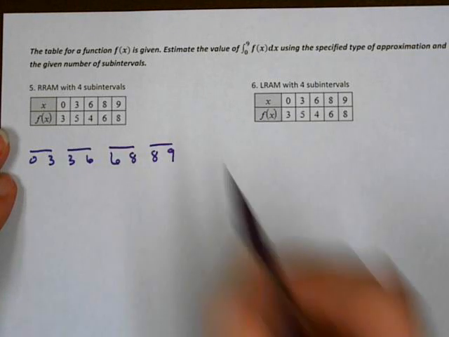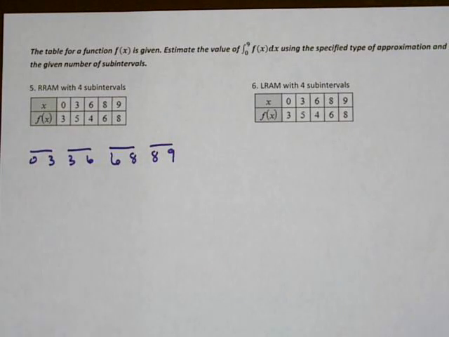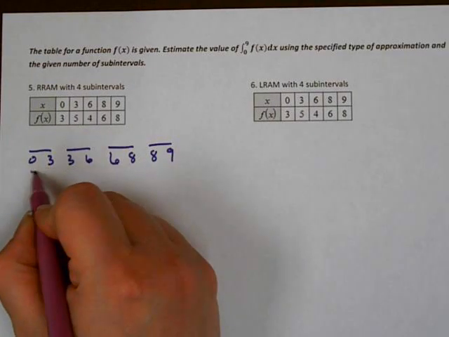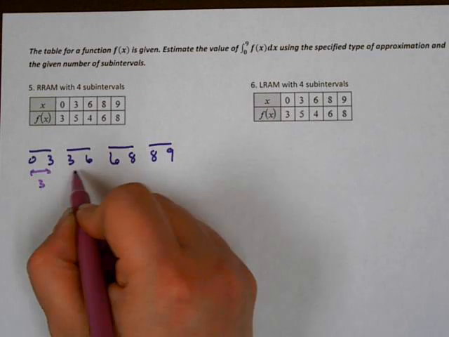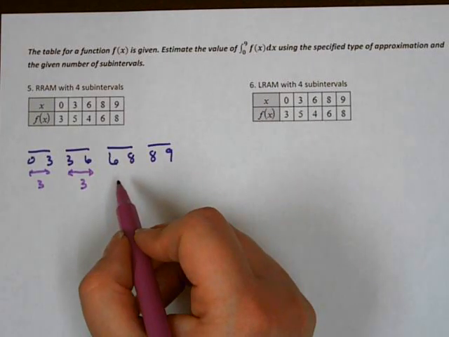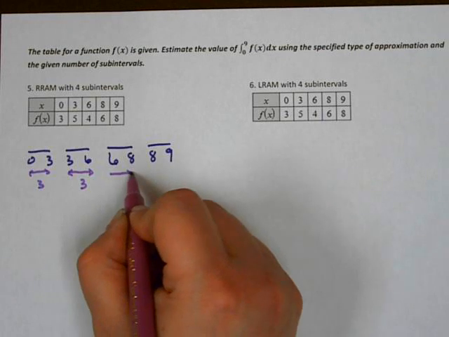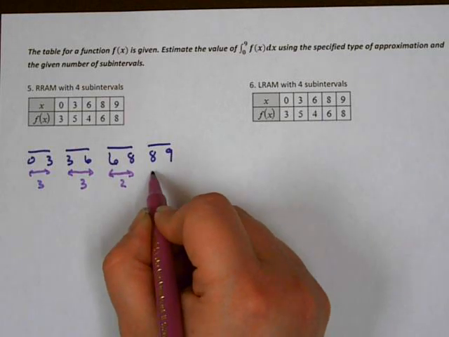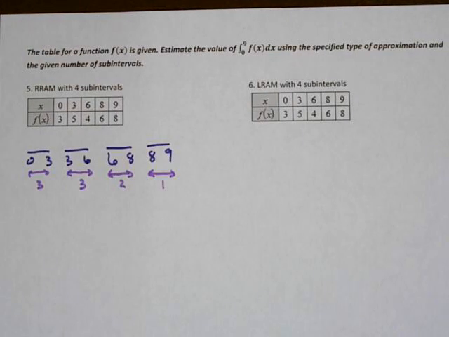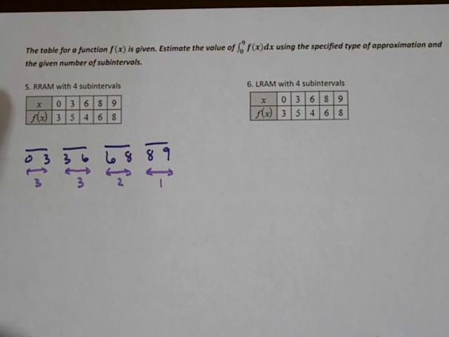The important part here is to recognize that these subintervals have different widths. From 0 to 3, I have a width of 3. 3 to 6, I have a width of 3, but here it's different. 6 to 8, I have a width of 2, and 8 to 9, I only have a width of 1. That's going to be important when we start calculating the actual areas of these rectangles.